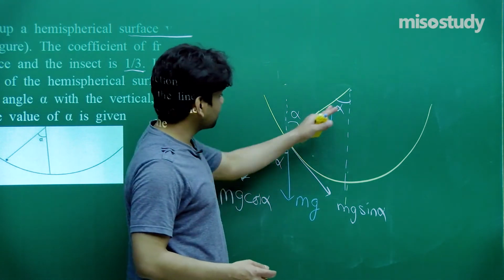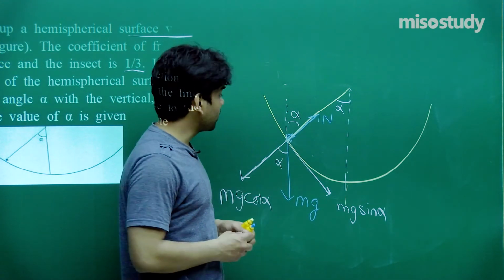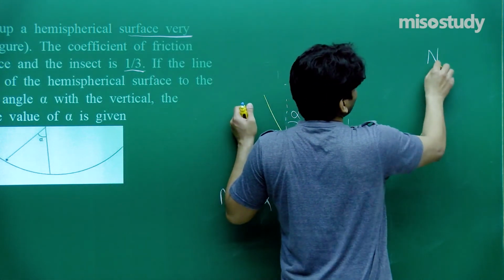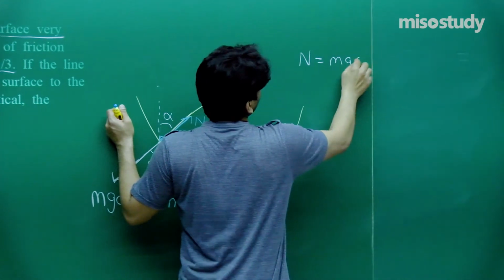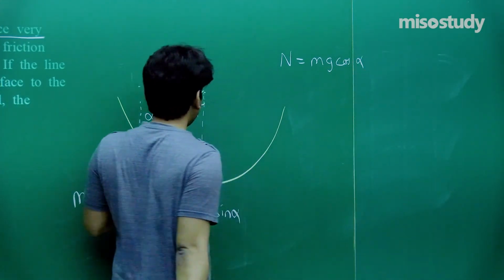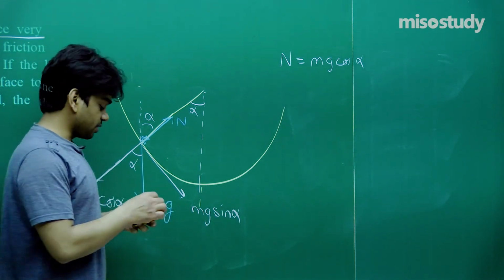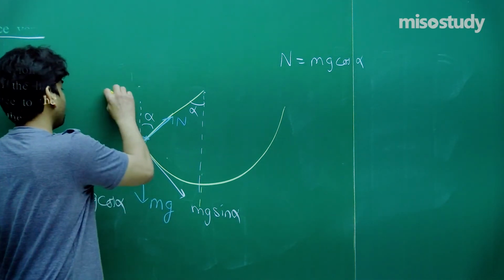I believe that this should be clear to you all. Now see here, for its equilibrium along this direction, N should be equal to mg cos alpha. So let me write N equals mg cos alpha. Next thing you see here, friction force will try to avoid it slipping, and we need to talk about the maximum value of friction force.